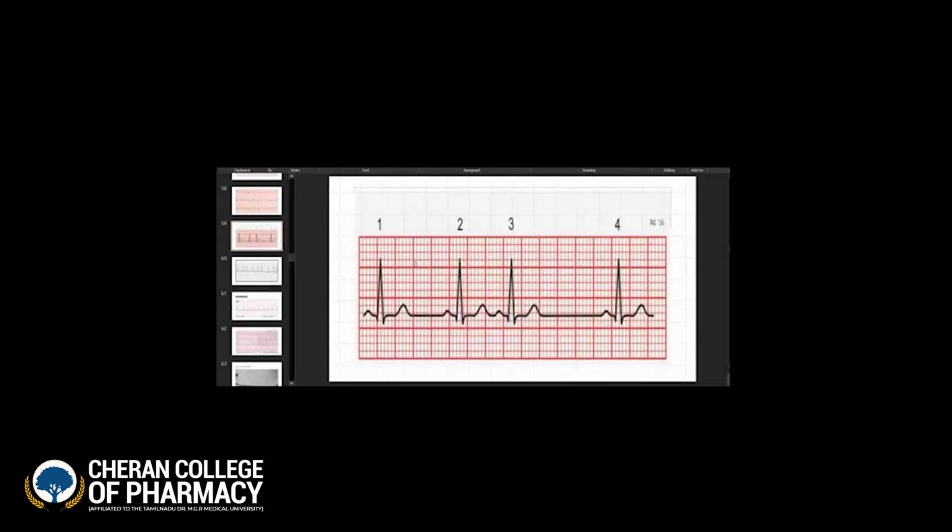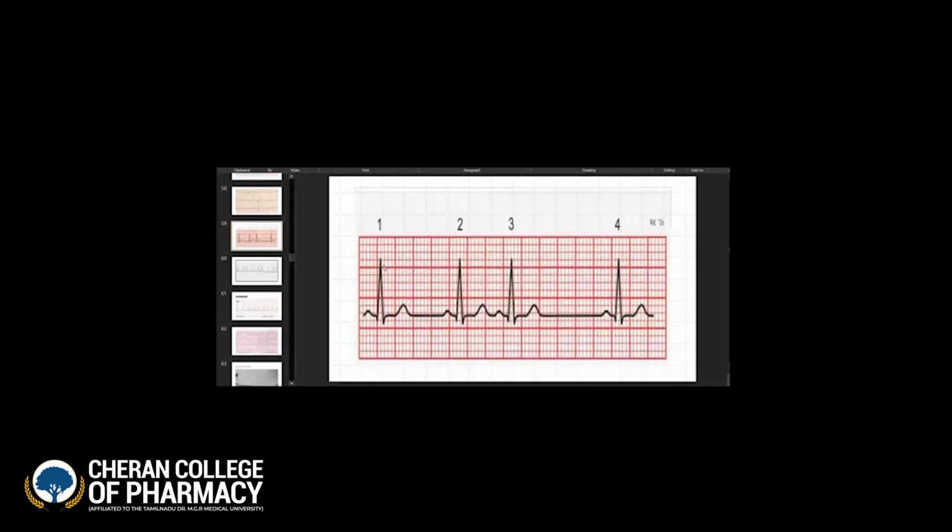So there are a total of 23 small squares between one R wave and the next R wave. So 1500 divided by 23. This is the formula for the accurate method.